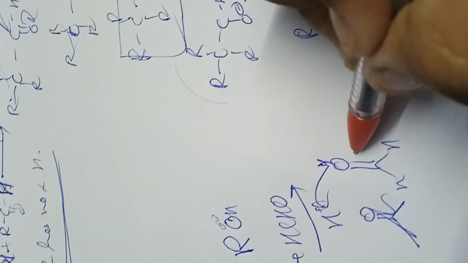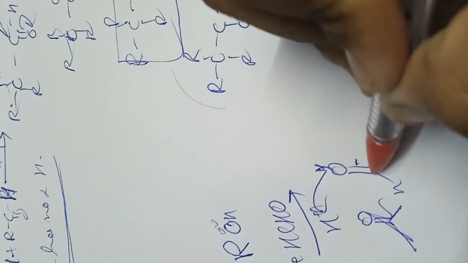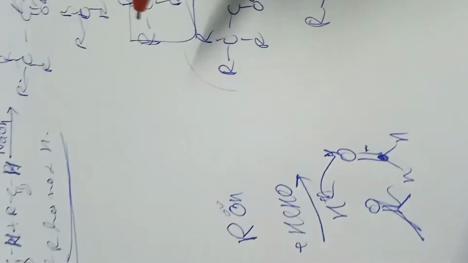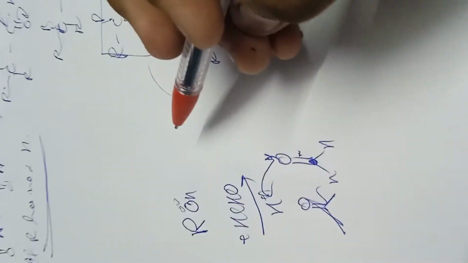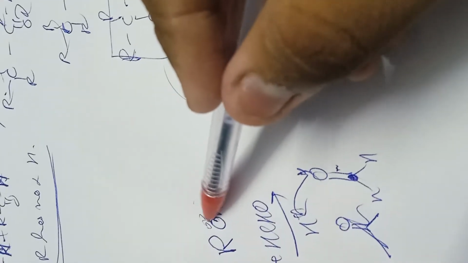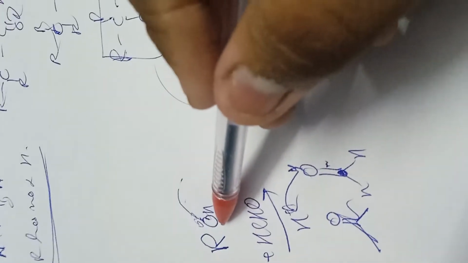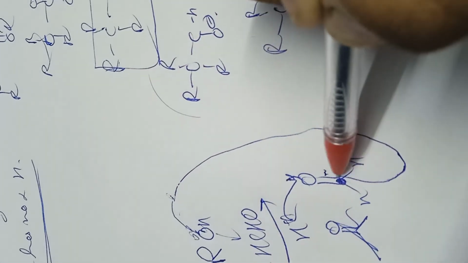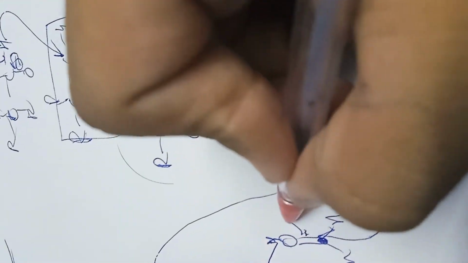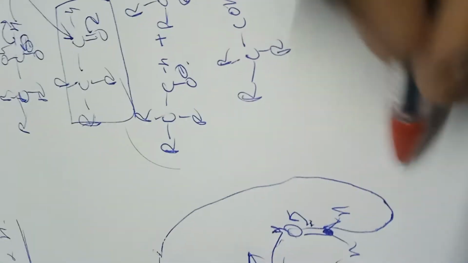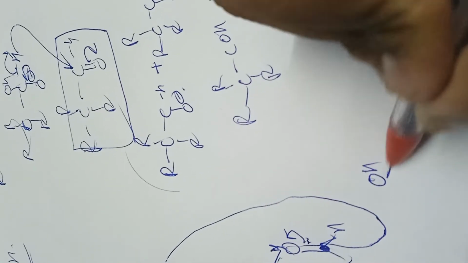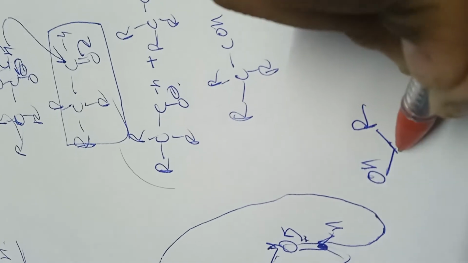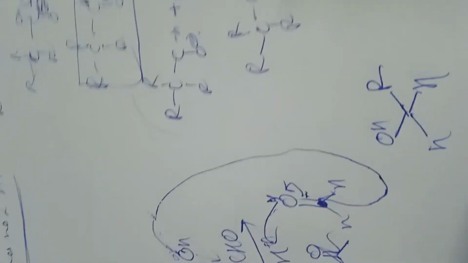It would get protonated by H plus, and this carbon will be an electrophilic carbon. So the lone pair of the ROH would get a good opportunity to attack over here, and this would open. Here we are getting OH, so it would become R, H, one of this kind.